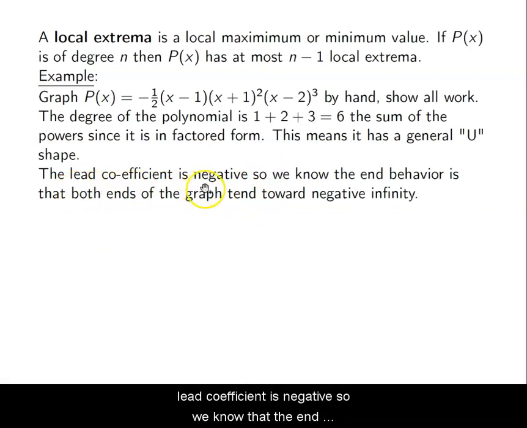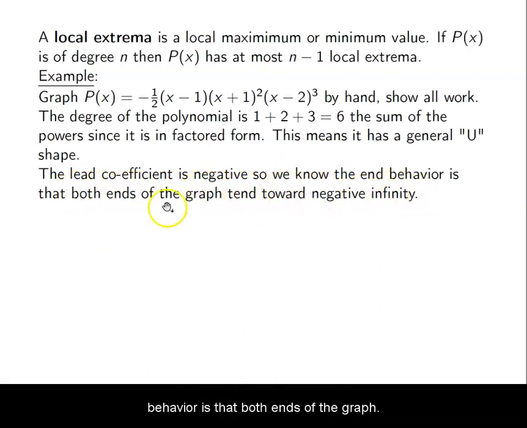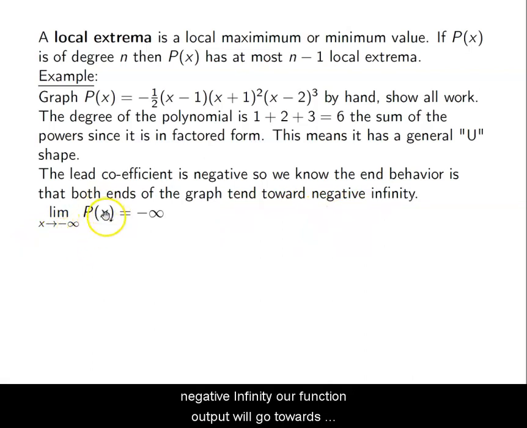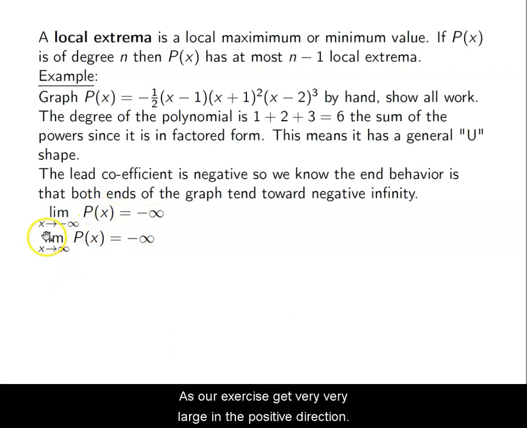Right, so the lead coefficient is negative, so we know that the end behavior is that both ends of the graph tend toward negative infinity. So as x goes towards negative infinity, our function outputs will go towards negative infinity. As our x values get very, very large in the positive direction, our output values of our function will go towards negative infinity as well.